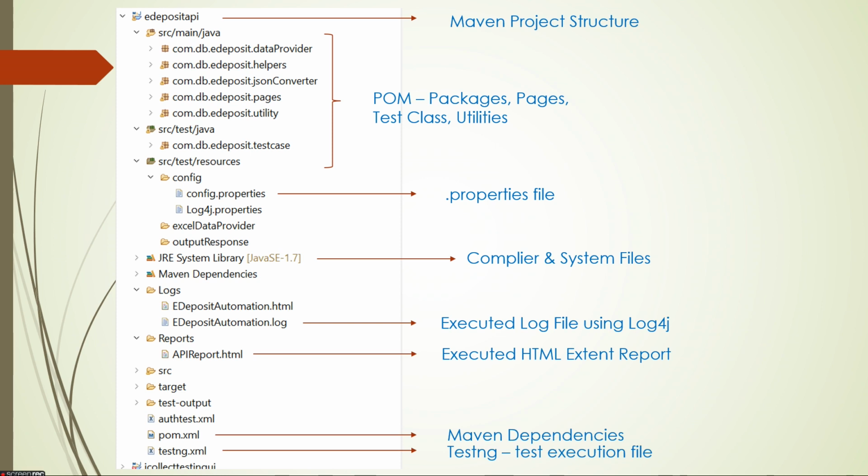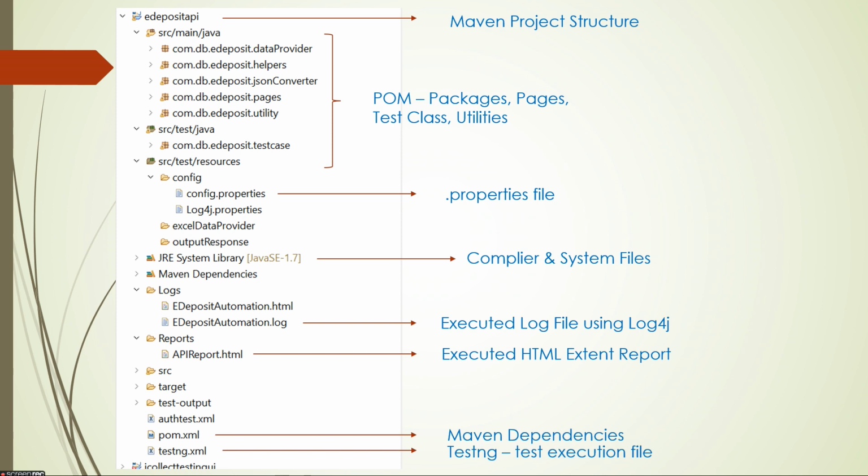In simple words, if I summarize all those things, what are the things you need to take care of while creating any automation framework from scratch? First, take care of your project structure with Maven. Another is to use a design pattern technique.